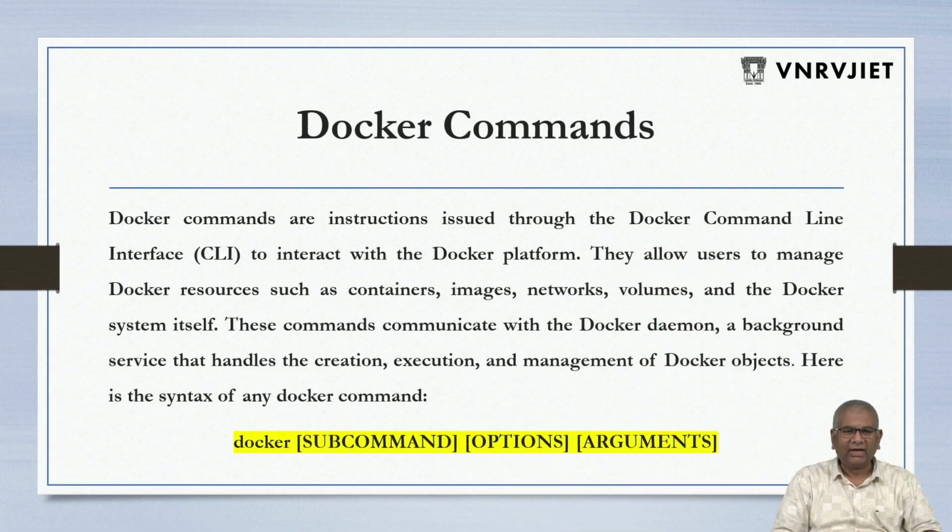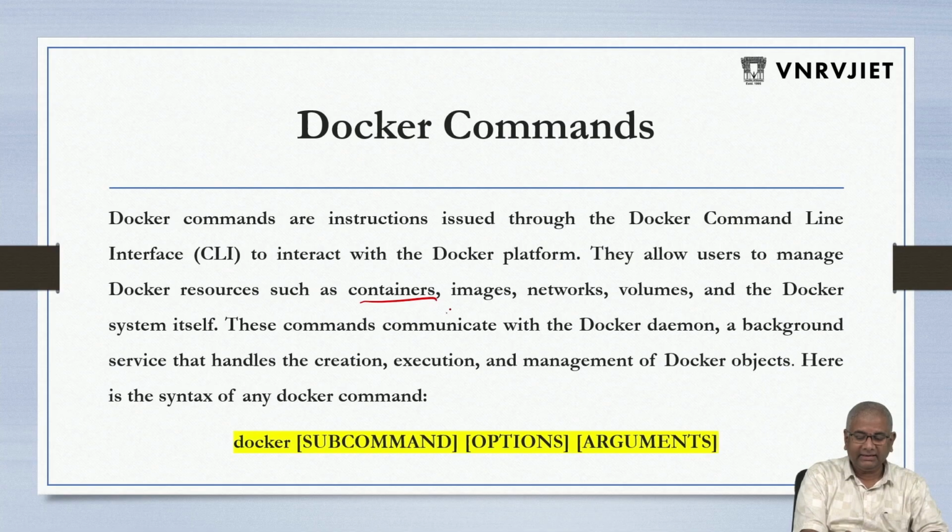Docker commands are instructions issued through the Docker command line interface to interact with the Docker platform, the Docker ecosystem. They allow users to manage Docker resources such as containers, images, networks, volumes, and the Docker system itself. So apart from containers and images, it's talking about networks, volumes, and the Docker system.